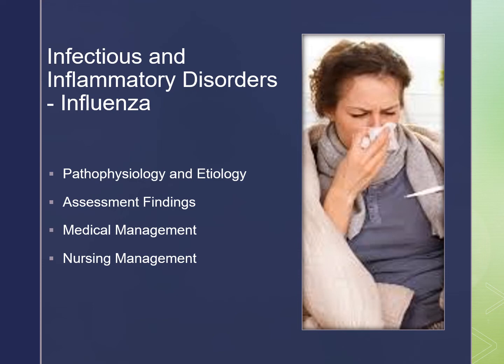We want to do preventative, so encourage that annual flu vaccination. We may have to isolate in the hospital setting because this is highly contagious. So again, as nurses, we push that vaccine administration, especially in clients that are going to be very susceptible.